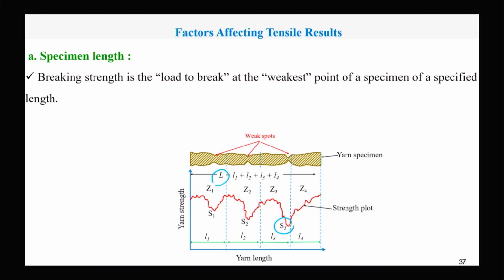And if we divide it into four equal parts, then the mean strength will be S1 plus S2 plus S3, plus, in part 4, there will be another, say this is S4, divided by 4, which will definitely be more than S3.